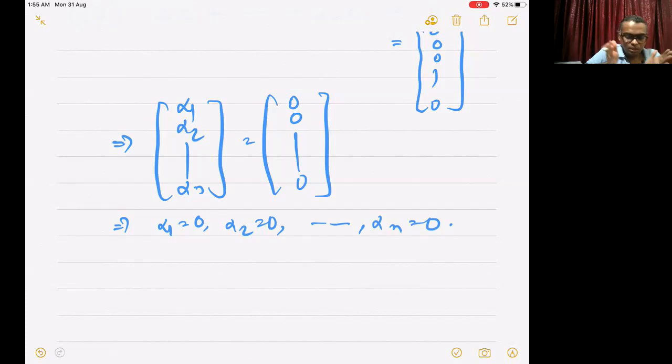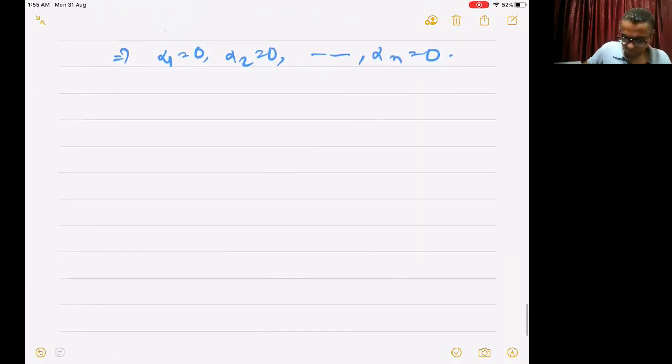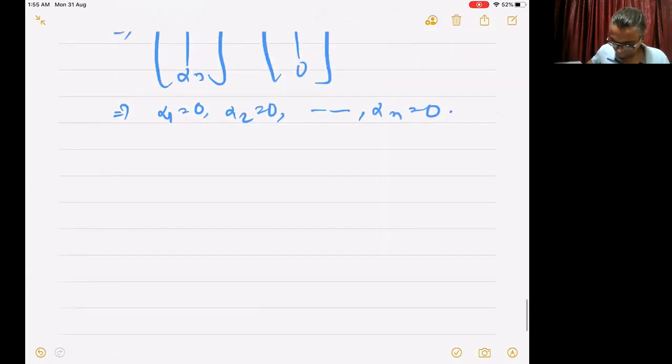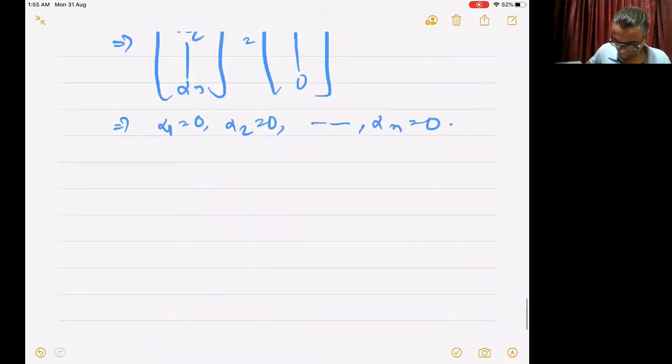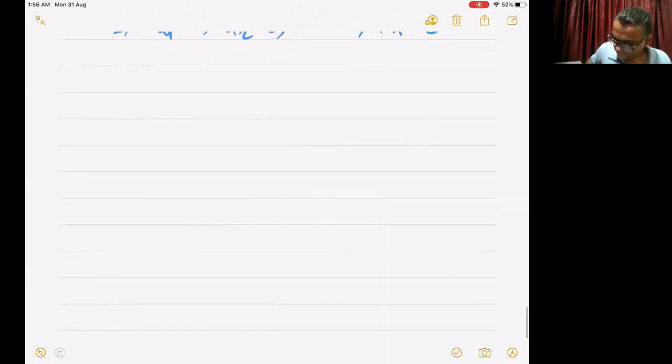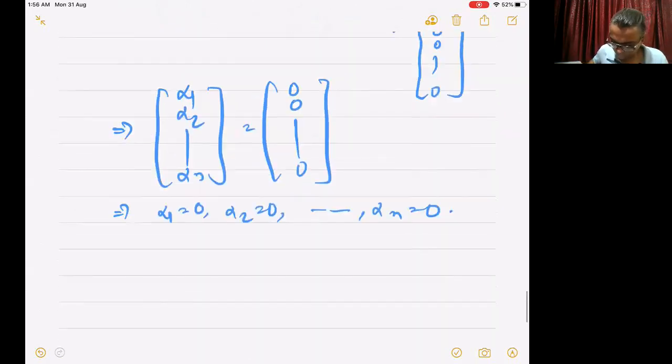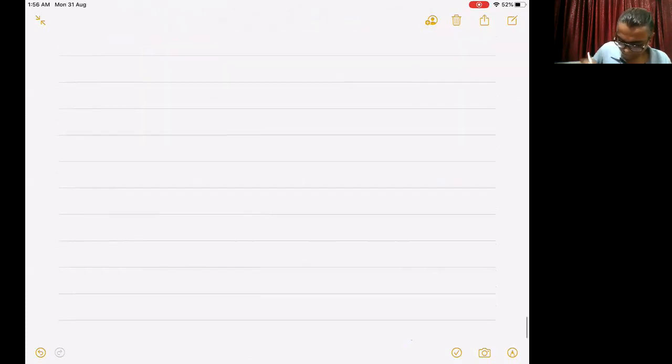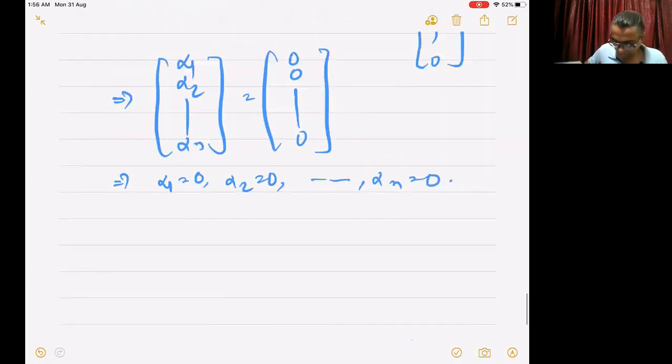So the only linear combination that can go to 0 is the trivial one. Therefore, these vectors are linearly independent, right? Very simple. So this is example number 1.